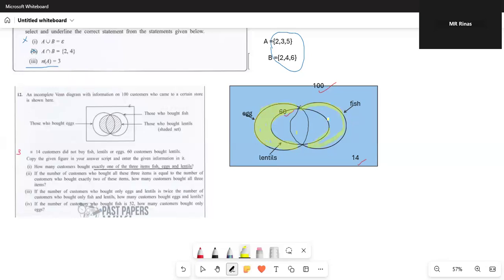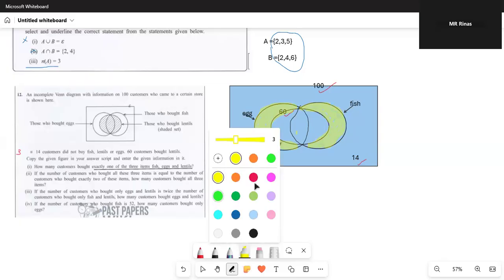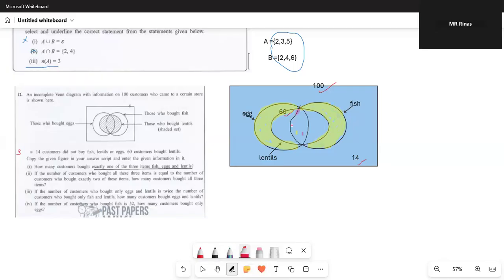So they ask you to find this area. Then what does this area mean? This red area, this part, tells us the people who bought all 3. They bought egg, fish and lentil. All 3 they bought. Okay.